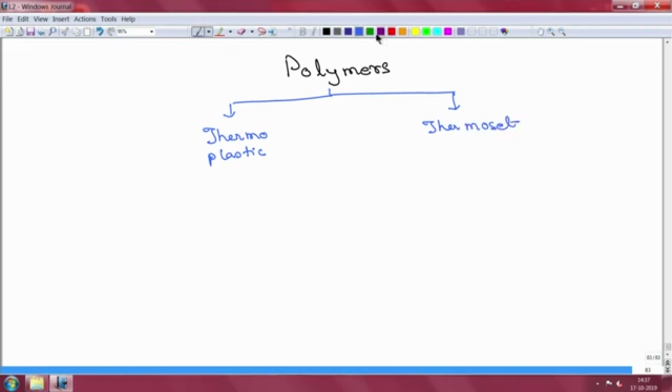Under the thermoplastics, you can also have crystalline and amorphous polymers.